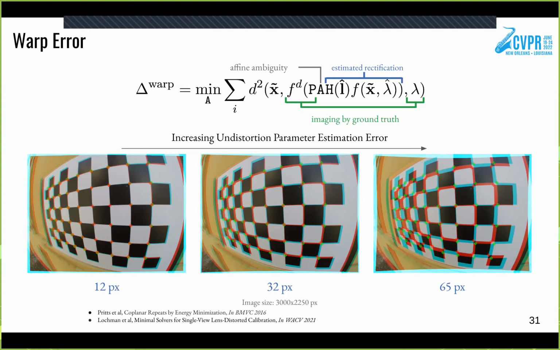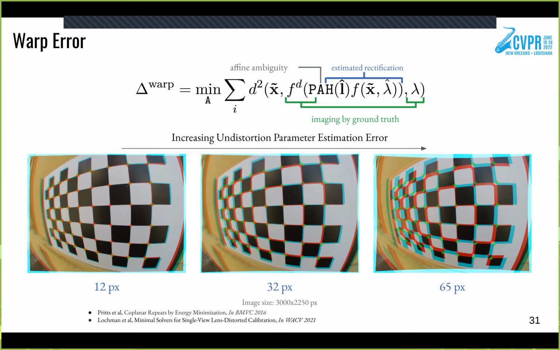To do warp error, you have some ground truth, from an oracle. The idea is that we pre-image, we do our rectification, we undo the imaging, and then we image with the ground truth. So we use our estimate to undo the imaging, and then we re-image with the ground truth. Then we look at the discrepancy between these two to understand how bad or how good our rectification or estimate of camera geometry is.